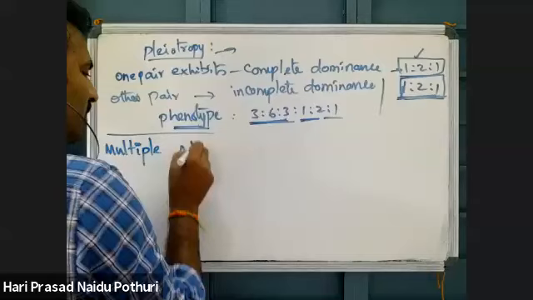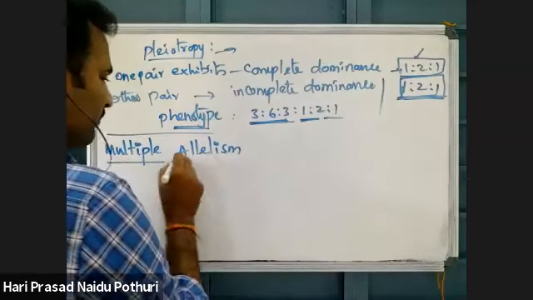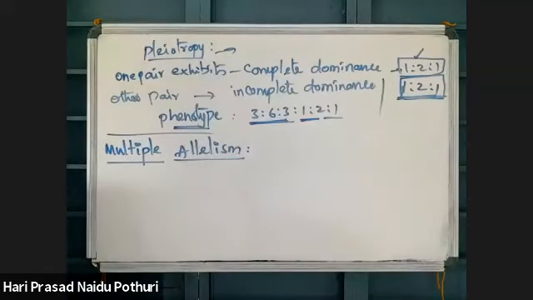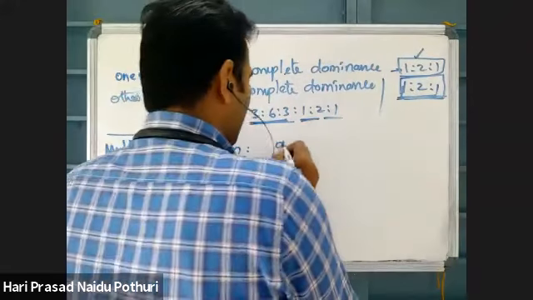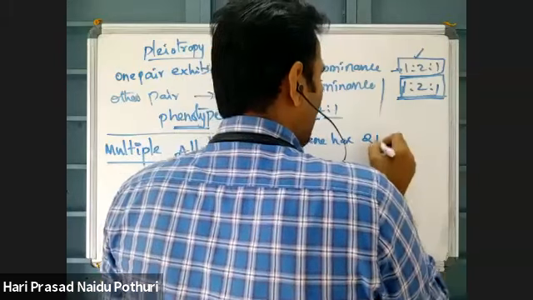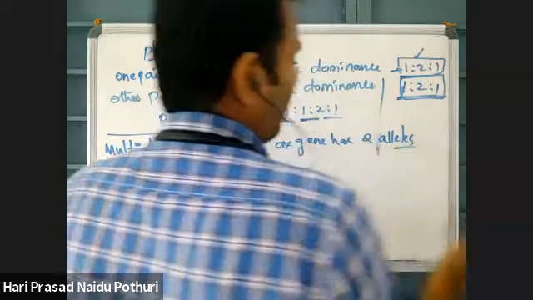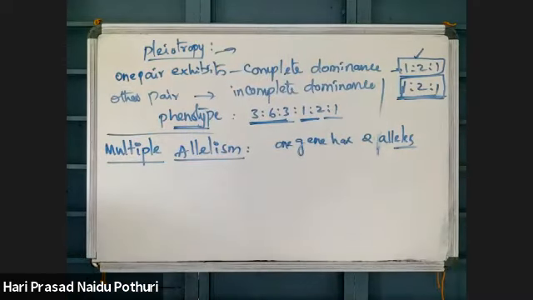Next topic, multiple allelism, which means multiple alleles. Normally, one gene has a pair of alleles, two alleles are present.